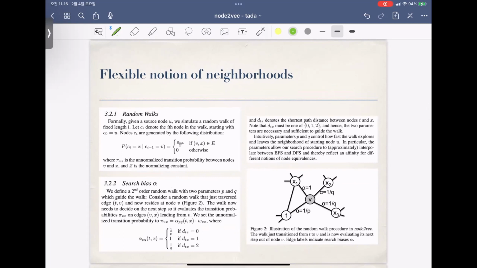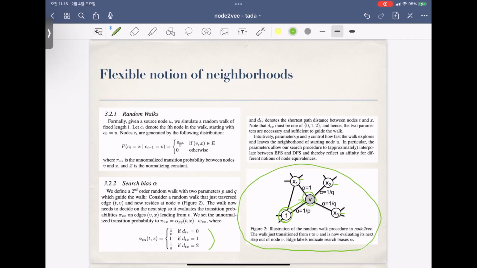If you look at the graph over here and the equation of search bias alpha, let's say the search started from T over here and has moved on to V. And now at the node V, the search has to determine whether to go back or to go to X1, X2, or X3. However, this is a second order random walk, so rather than just a random walk, second order means it takes into account the previous node as well.